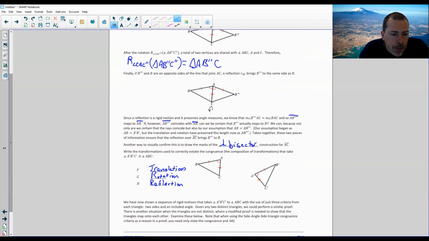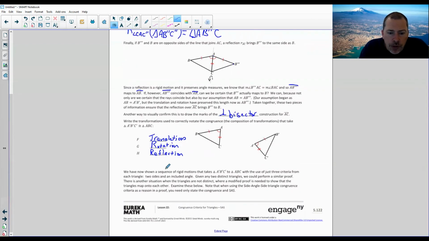We have now shown a sequence of rigid motions that takes triangle A prime, B prime, C prime to triangle ABC with the use of just 3 criteria from each triangle, 2 sides and an included angle. There it is, they finally said it, included angle. Given any 2 distinct triangles, we could perform a similar proof.